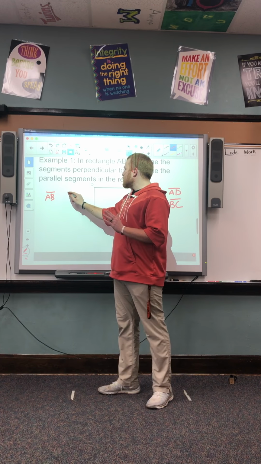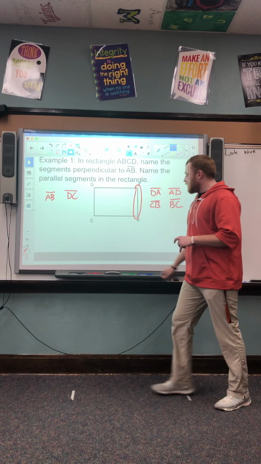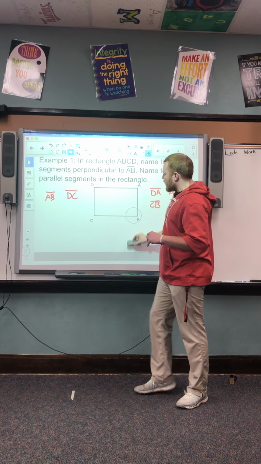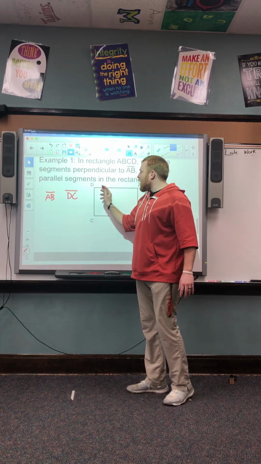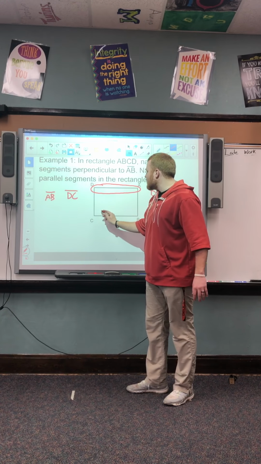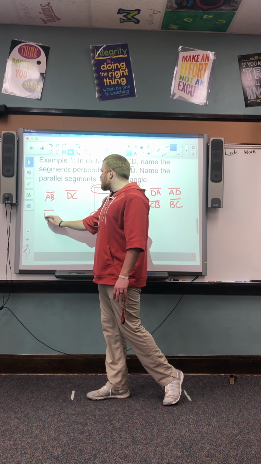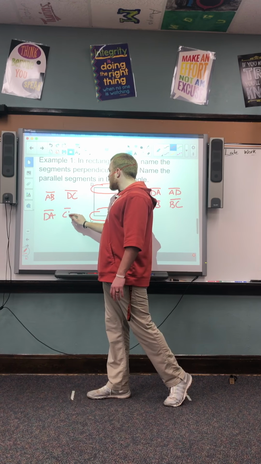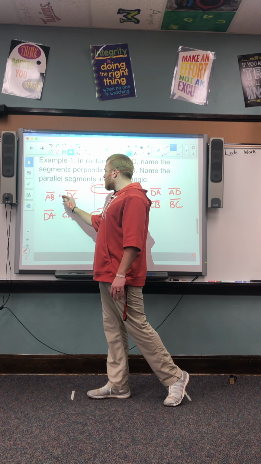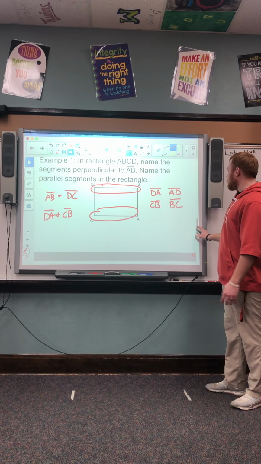It would be segment DC. And then what are the other parallel segments in this rectangle? I would say this segment and this segment. So that would be segment DA and segment CB. Okay, so that would be your answer for the second part, for the parallel.